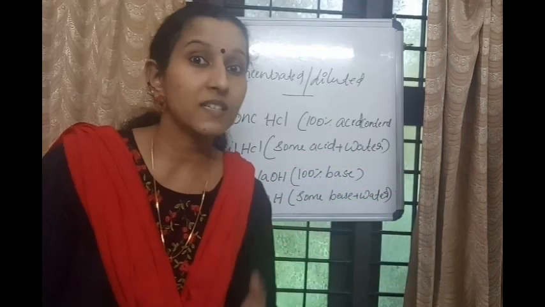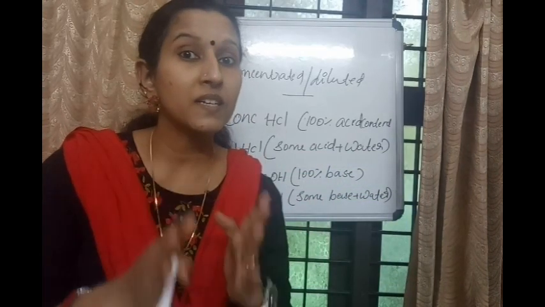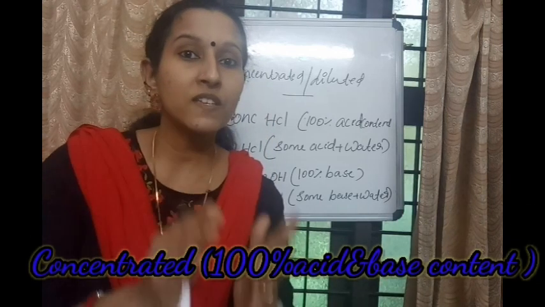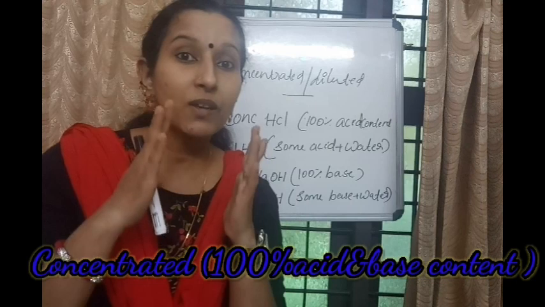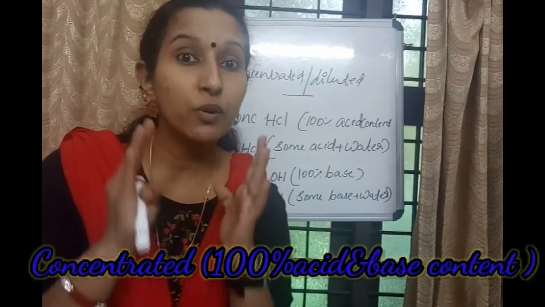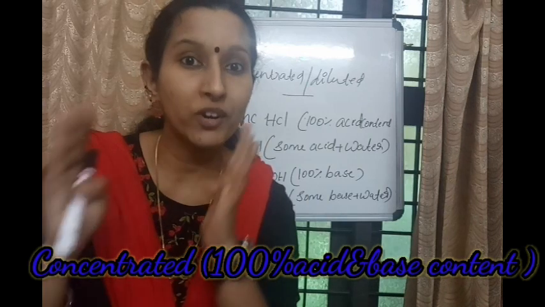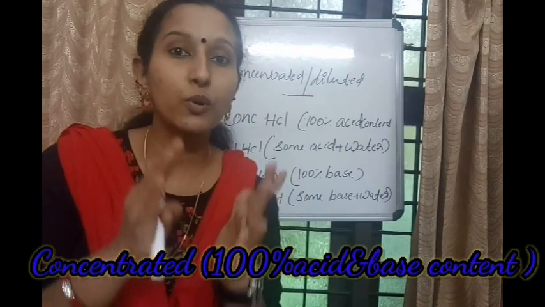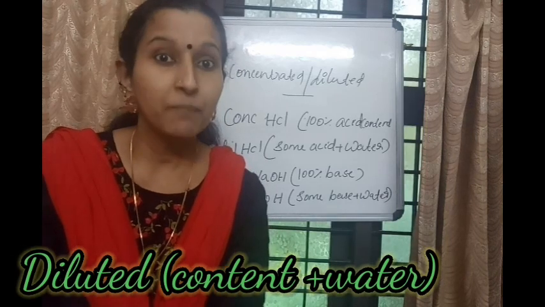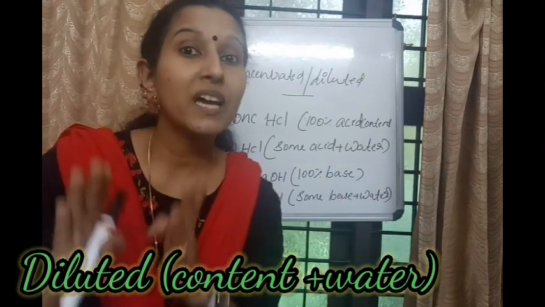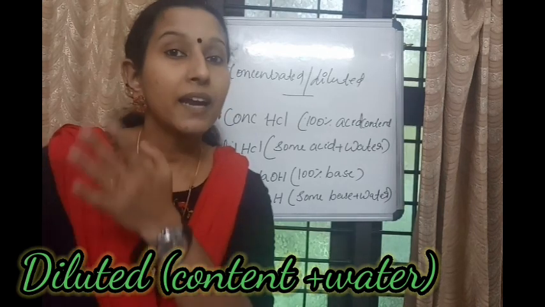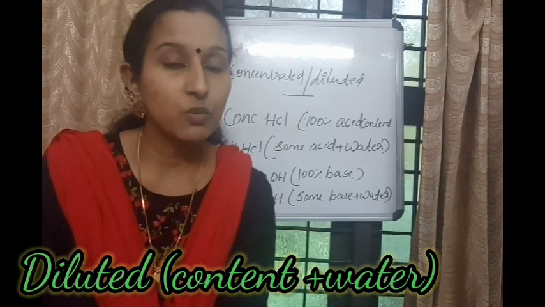Concentrated substances contain 100% content. For example, concentrated hydrochloric acid contains 100% hydrochloric acid content, no water. Only the hydrochloric acid content. But dilute hydrochloric acid contains 5 or 10% hydrochloric acid and 90 or 95% water.